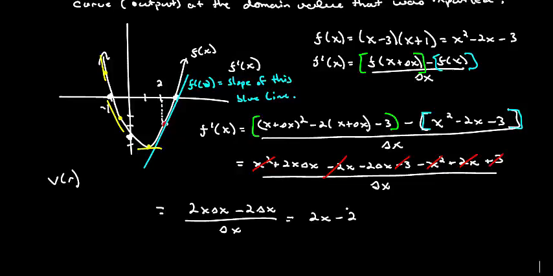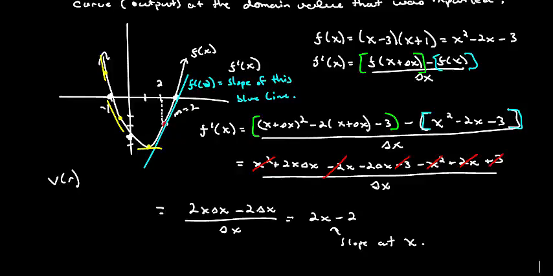Well, this right here is the slope at x. So whatever you pick, if I pick 2 and I plug 2 in here, I get 4 minus 2, which is 2. So the slope of this blue line is 2.